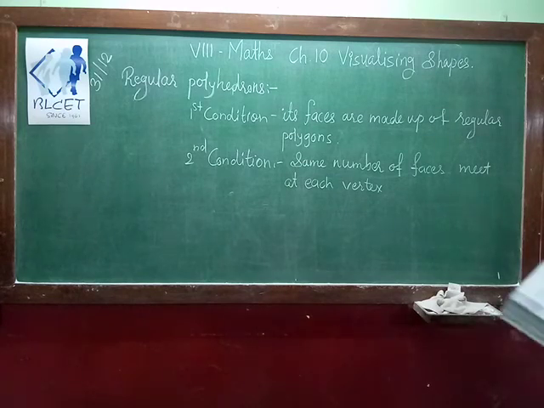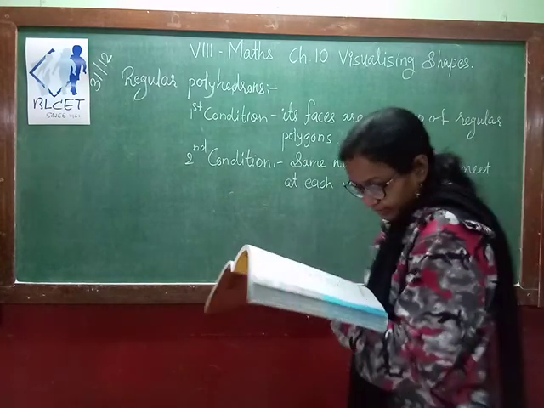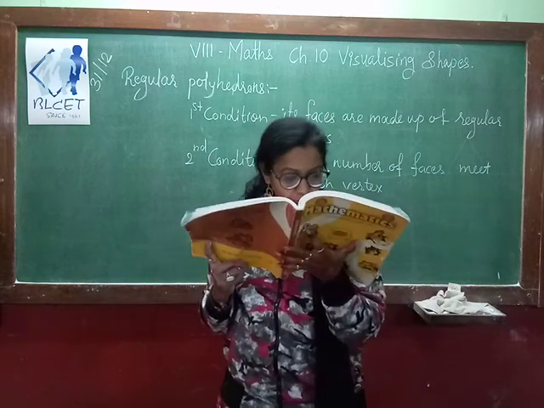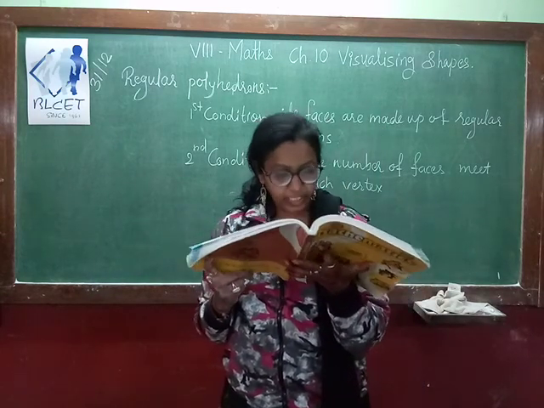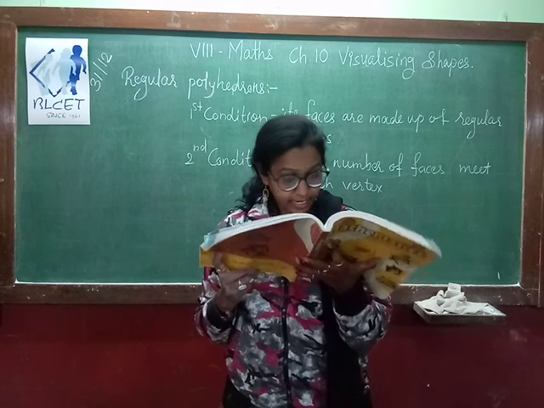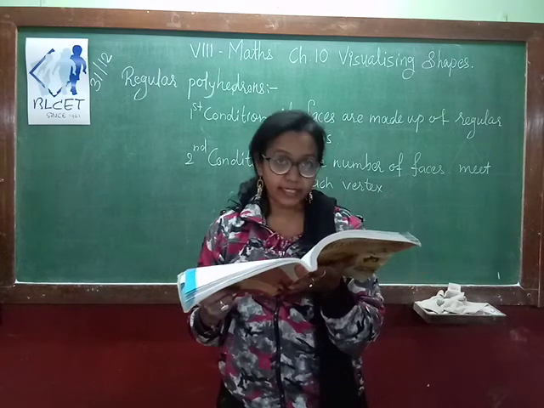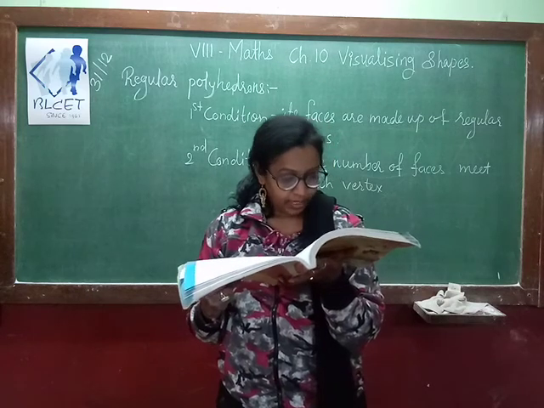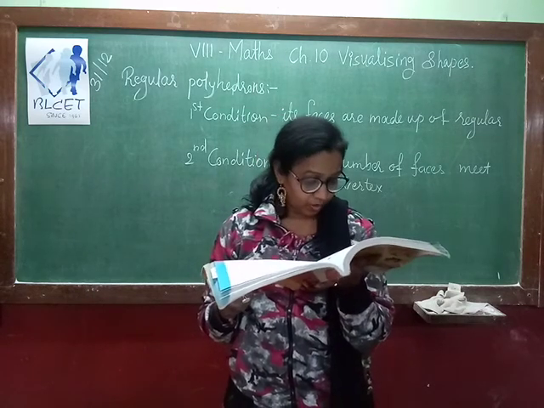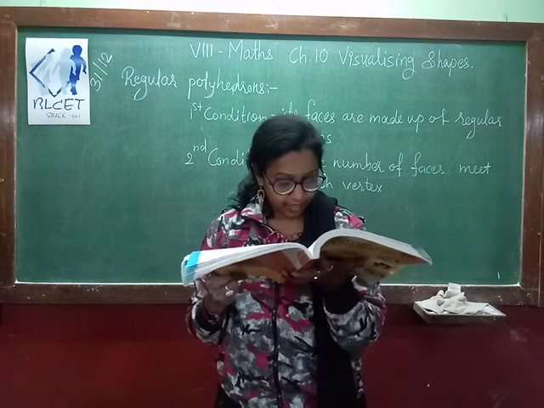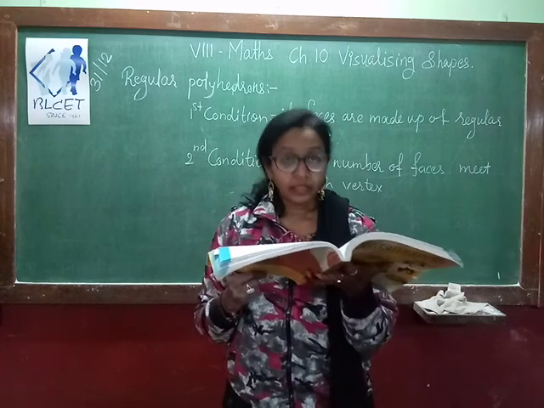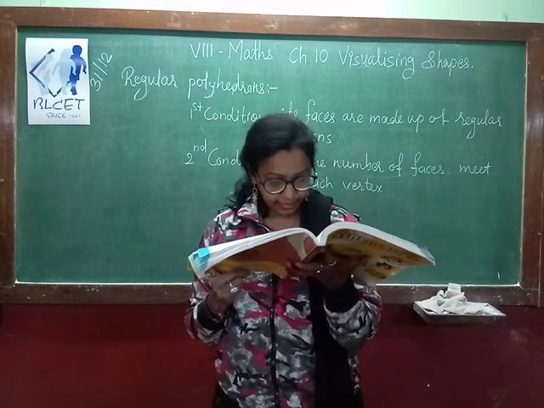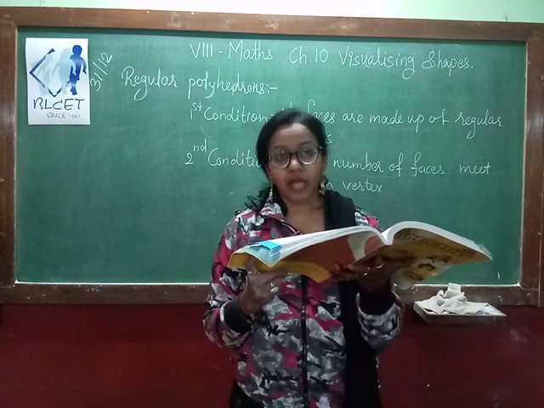Before I start regular polyhedrons, I am reading the concept of convex polyhedrons. You have to recall the concept of convex polygons that I have discussed, and the idea of convex polyhedron is similar. You are given a cube and a hexagonal shape, and they both are convex polyhedrons. Next we have the 3D shape of the letter I and the 3D shape of a star.